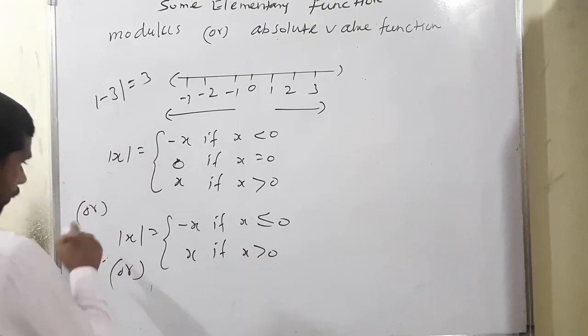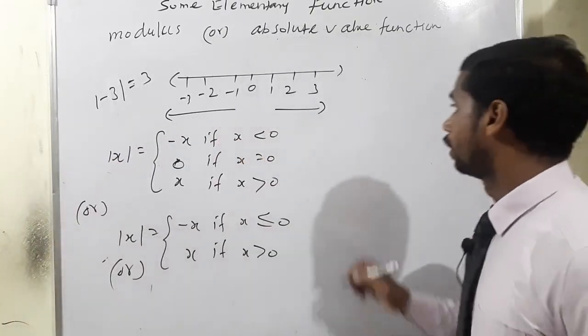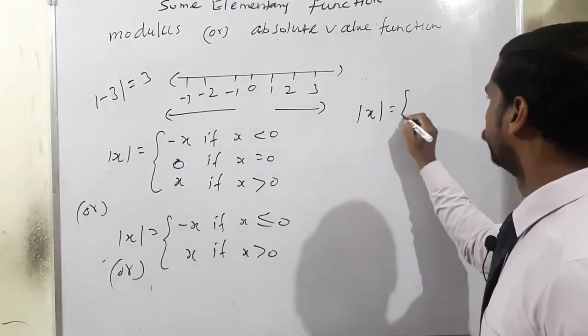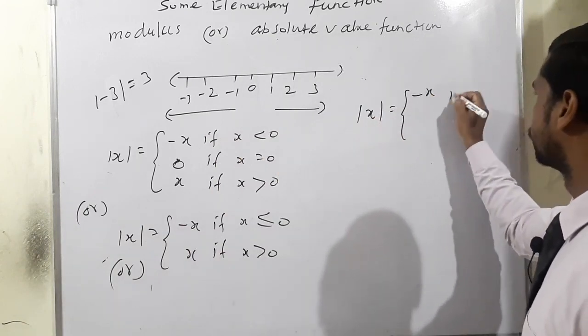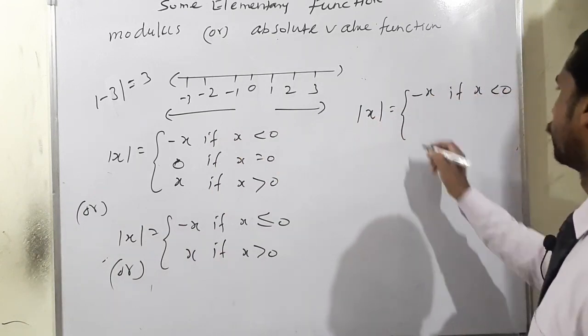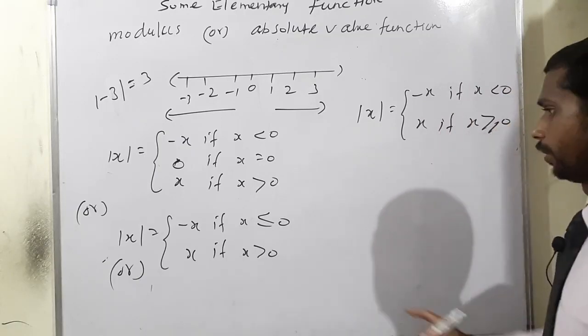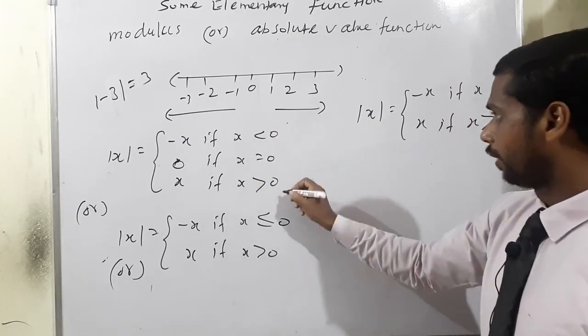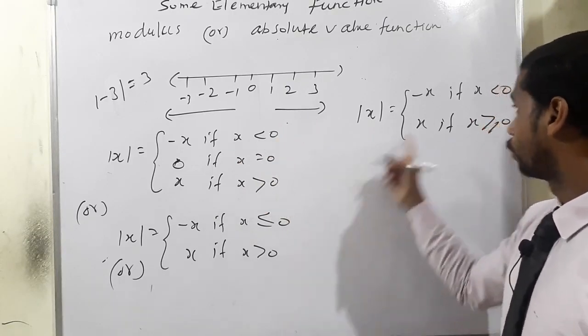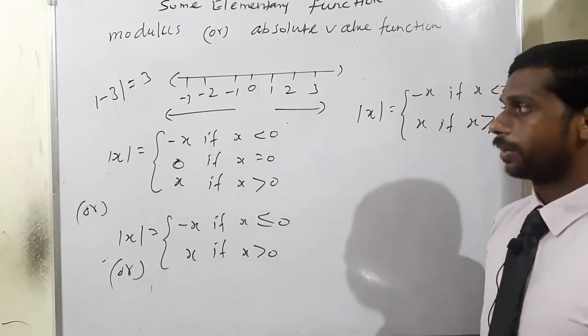Or modulus x has 2 different outputs: minus x if x is less than 0, and positive x if x is greater than or equal to 0. We can write it in 3 different ways.